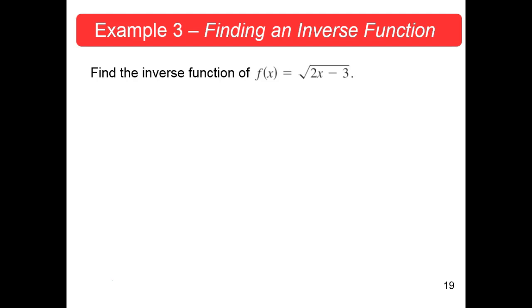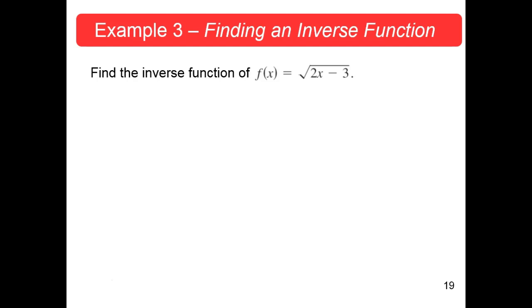Okay? You can't have a negative number under the square root. Like I just said, the argument of the square root has to be greater than or equal to 0. And when you do that, you find out that x then would have to be greater than or equal to 3 halves. Okay?